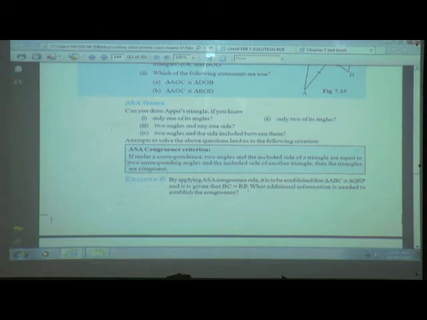Again I will repeat, if under a correspondence two angles and the included side, meaning the side between the two angles, of a triangle is equal to the corresponding angles and the included side of another triangle, then the triangles are said to be congruent.